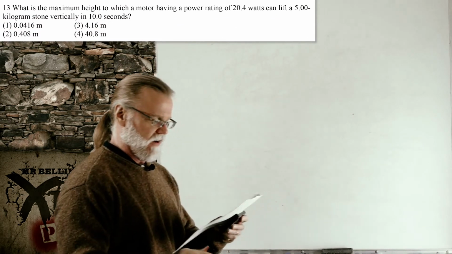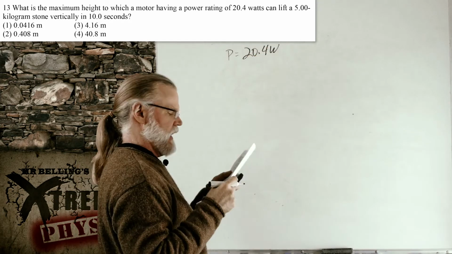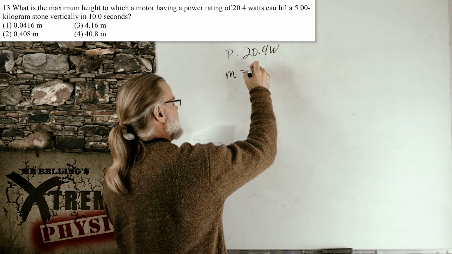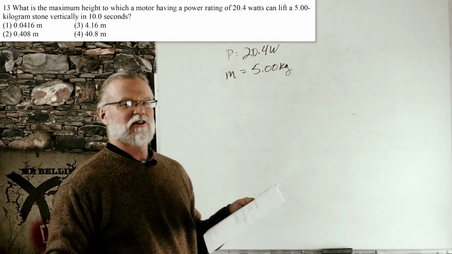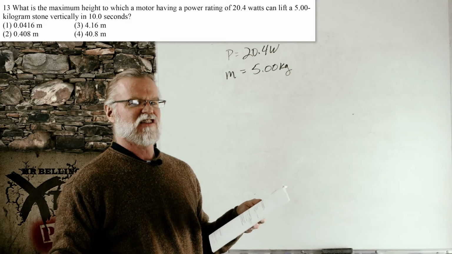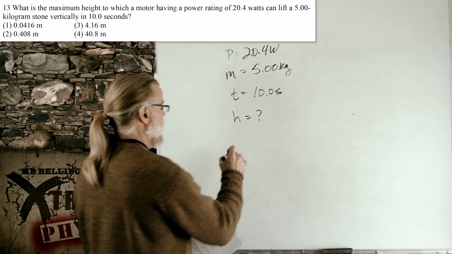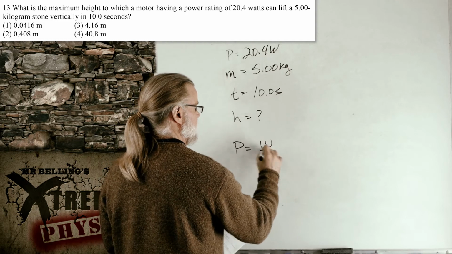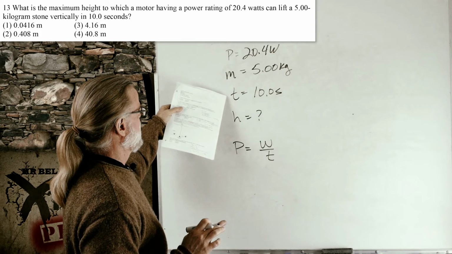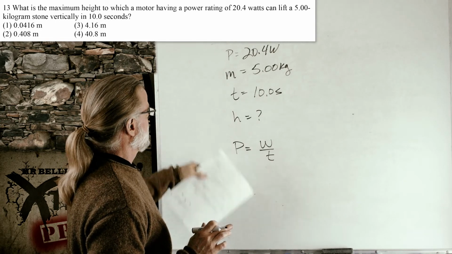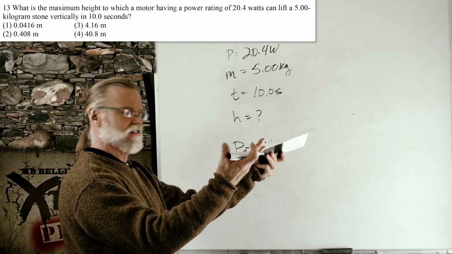What is the maximum height to which a motor having a power rating of 20.4 watts can lift a 5-kilogram stone? Yes. The Board of Regents is getting creative on this one. A motor is lifting a stone vertically in 10 seconds. What maximum height can this reach? So we know that power is energy divided by time. We have the power and the time, and the energy it takes to lift this is going to turn into gravitational potential energy.